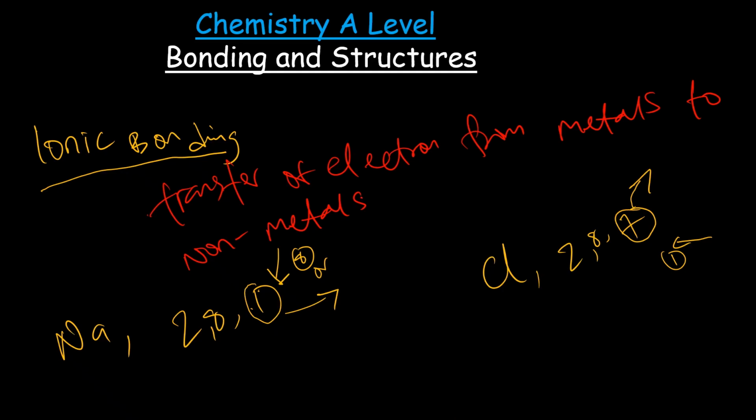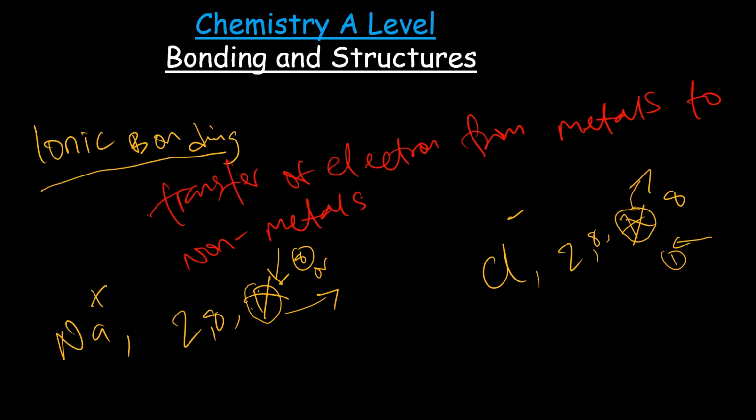Now when sodium transfers the electron, it becomes positively charged, that is the sodium ion. And when chlorine has received 1 electron, the 7 in the atomic shell becomes 8, so it becomes negatively charged. This kind of bonding is known as ionic bonding.